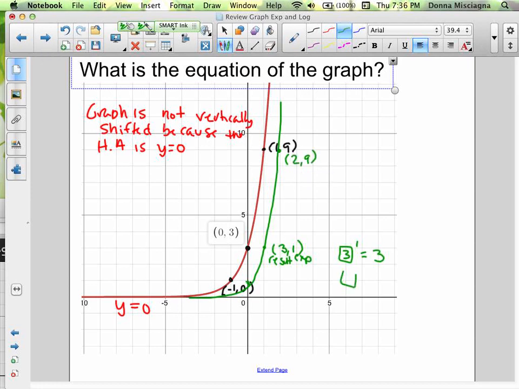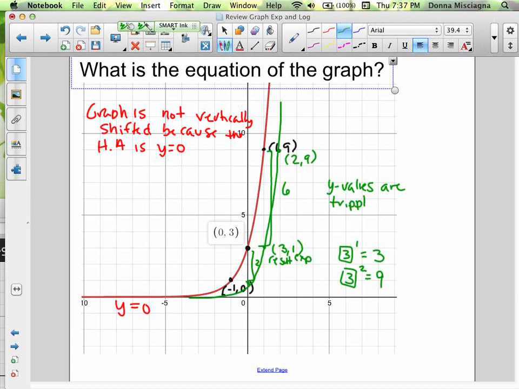So what could I raise to the second power and get 9? Well, that's 3. Another way you can tell, look what's happening to our points. First we're going up by 2, and then we're going up by 6. Our y values are tripling each time.